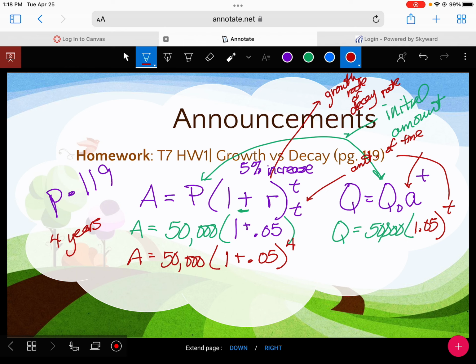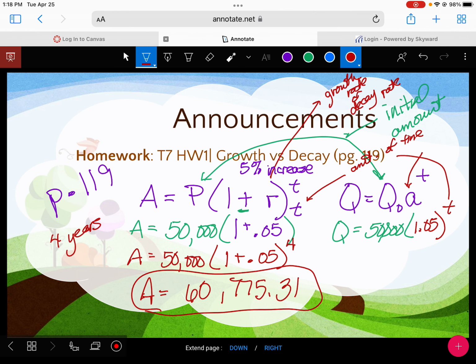So on your calculators, 1 plus 0.05, you get 1.05. Raise that to the 4th power. You get 1.21550, something like that. Multiply that times 50,000. And I get, hopefully this works. $60,775.31. That's after 4 years.